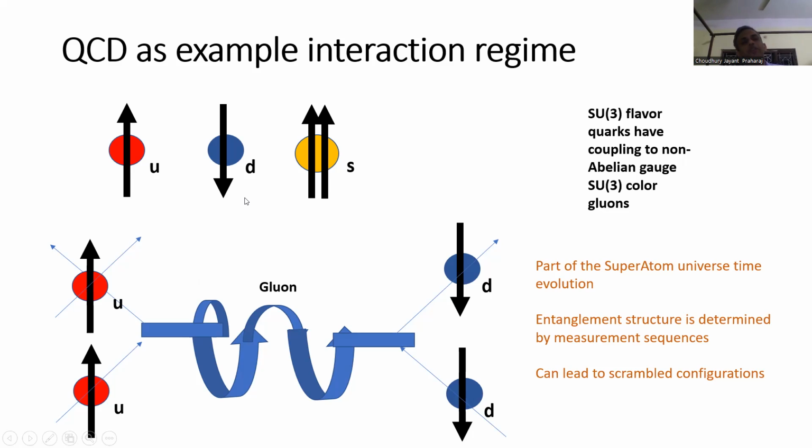But first you have to know the underlying quantum field theory in order to do that. So we are in the process of trying to understand through various experiments, and by refining our theories and comparing theories with experiments, how this is done. But the basic framework for determining the scrambling of entanglement in the superatom universe happens this way.